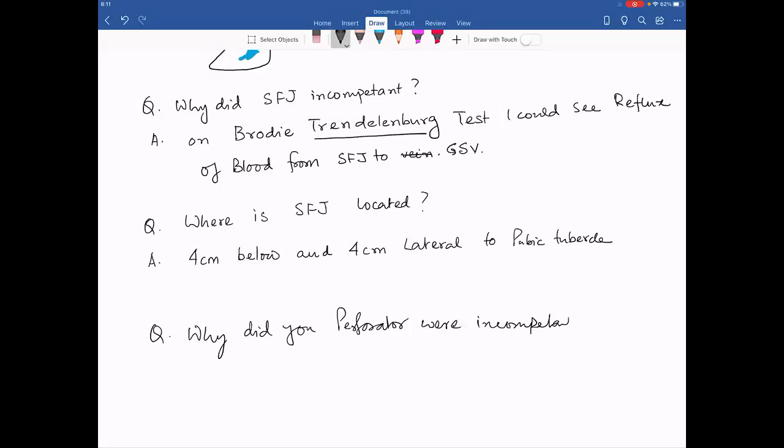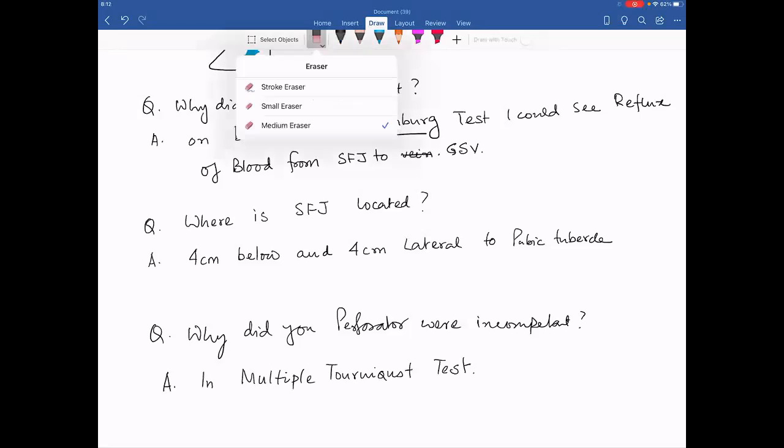What is the answer to this one? Sir, in doing what test? I forgot the name of the test. Multiple tourniquet test. Very good.